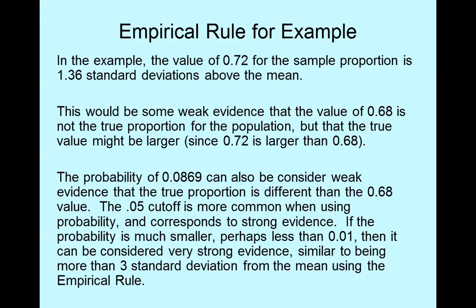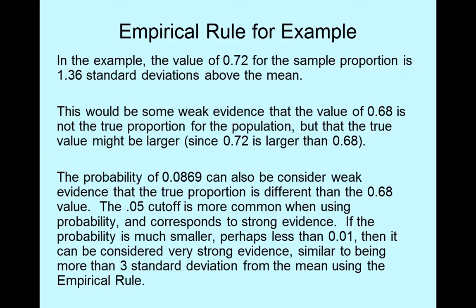It's not the true proportion for the whole population, but that the true value might be larger, right? And larger because 0.72 is larger than 0.68. The probability of 0.0869 also can be considered weak evidence that the true proportion is different than the 0.68 value.